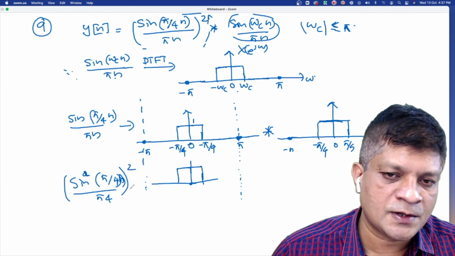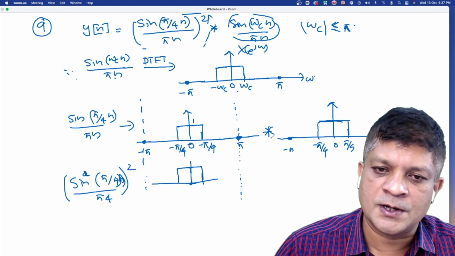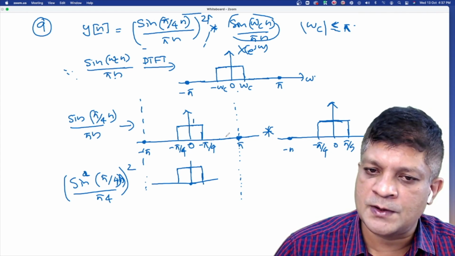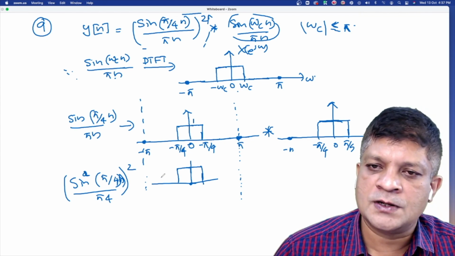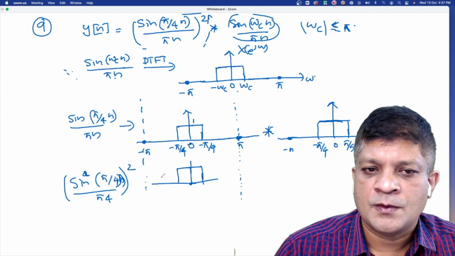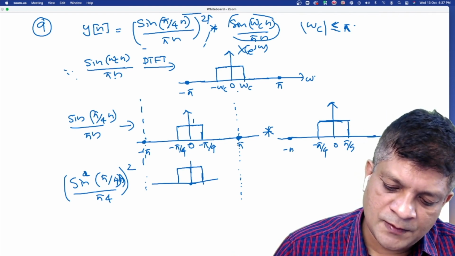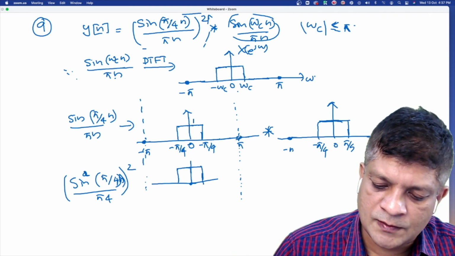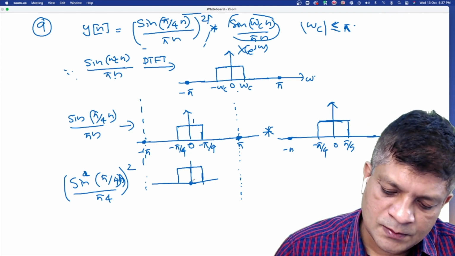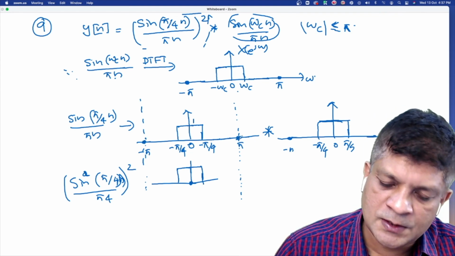The resulting function is also a 2 pi periodic function in omega, so we need to find the convolution for one period. That means if we find it in the interval minus pi to pi, you have to move this point from minus pi to pi.